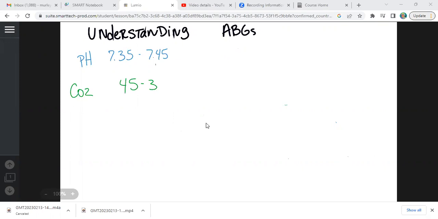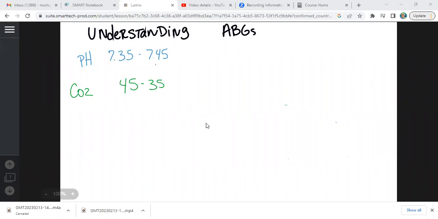The reason why is because as the acid level builds up in you, when it's exhaled, it's read as a higher number. So when your pH goes down, your CO2 level goes up. This is how crazy the system is.